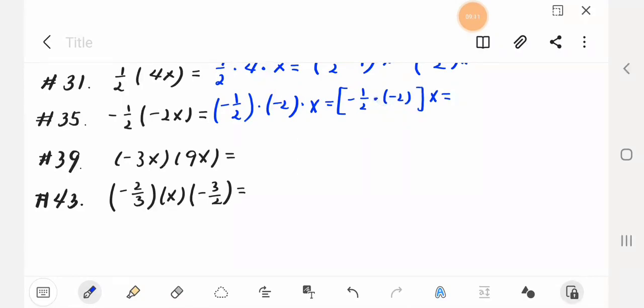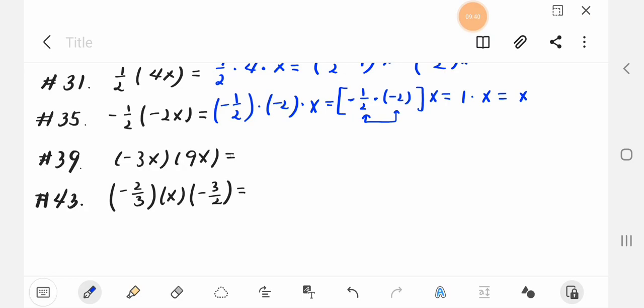So the result will be 1. Negative times negative is positive. 2 over 2 is 1, right? So the answer is 1 times x, and by the multiplication property of 1 it becomes x.